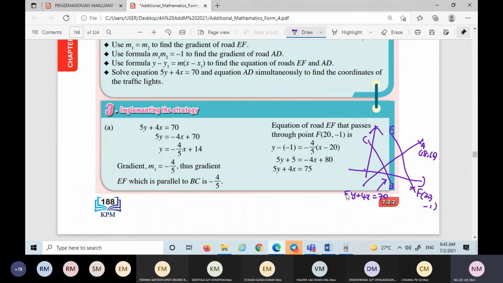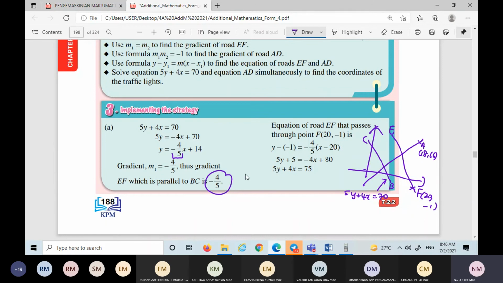Rearrange into gradient form. This is the first step. So you get the gradient from BC, and this gradient will be the same as the gradient of EF because they are parallel. So the gradient of EF is also the same, -4/5.